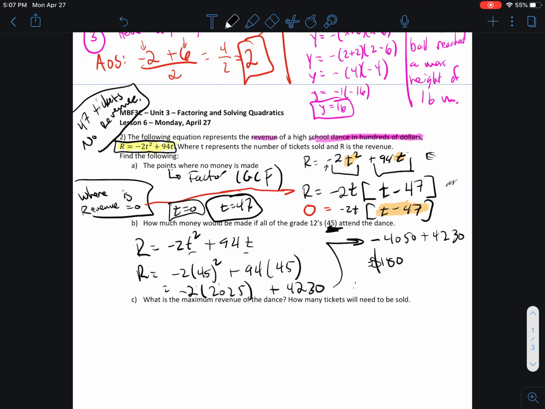Okay, 180. So there you go. That's how much money would be made if only the grade 12s went, or if 45 grade 12s went.